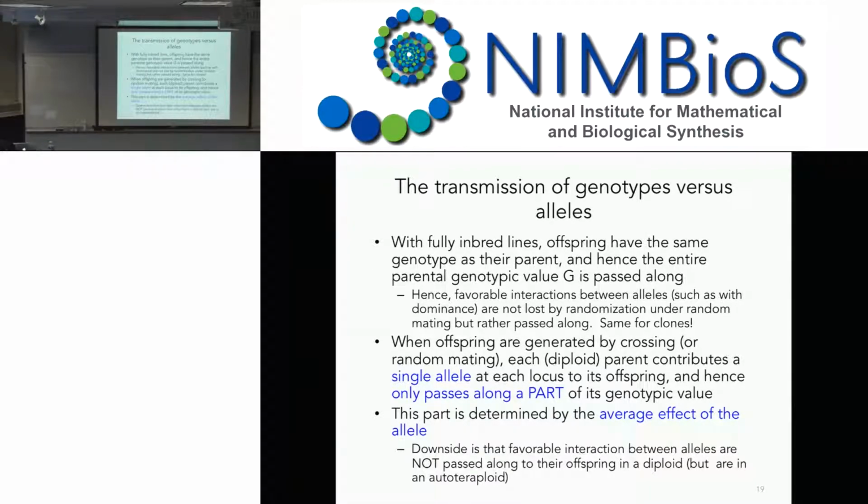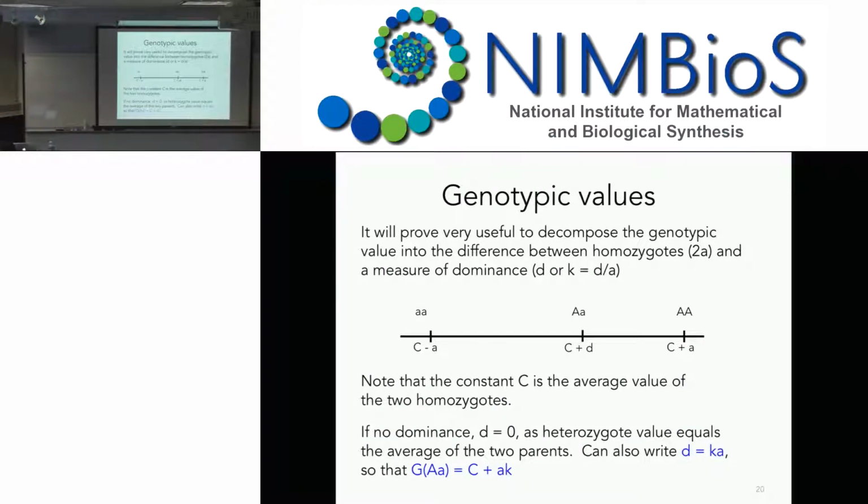So what we have to figure out then is a parent doesn't pass on all its G, or even half its G. It passes on this special thing that determines the effect of individual single alleles. And so let's figure out what that is. Let's imagine I've got a locus with alleles big A and little a, and here are their average phenotypes. We usually use this, C as just some background value.